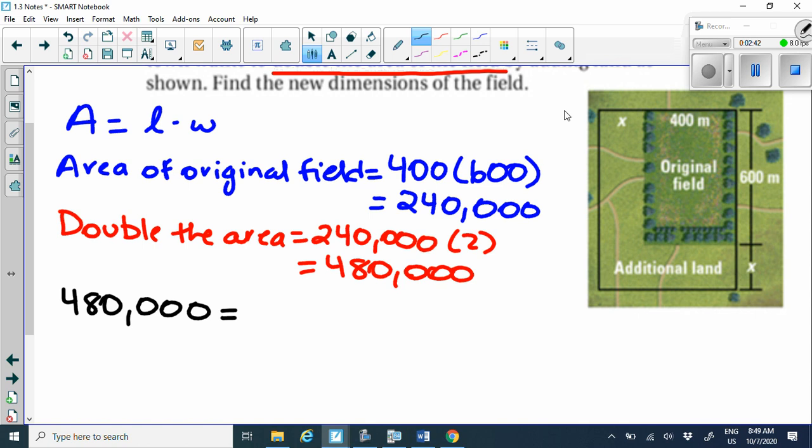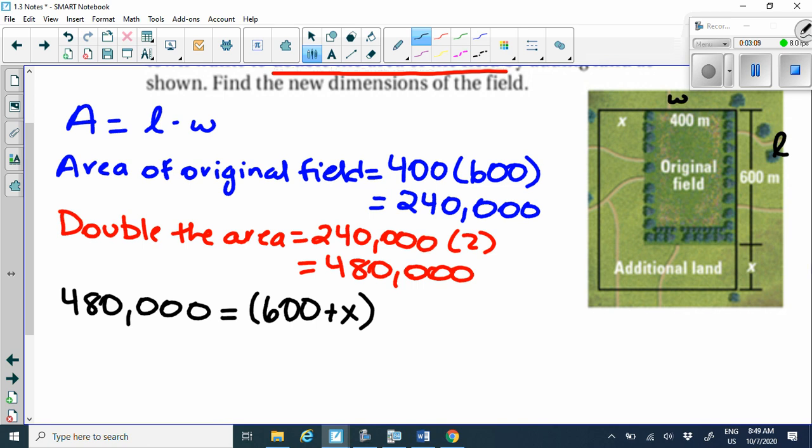Now we already have the 600, but then we add an x to it so we can have this entirely new dimension. So that's going to represent our L. We have 600 originally, but we're going to add the x to have that new length.